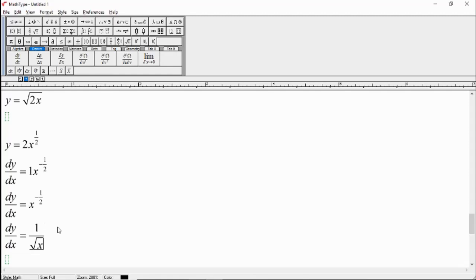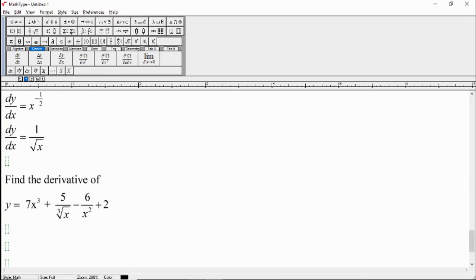Final question, find the derivative of y equals 7x cubed plus 5 over the cube root of x minus 6 over x to the power of 2 plus 2. Don't be alarmed. As you can see, if you look at the previous question, we've dealt with these terms in these formats.